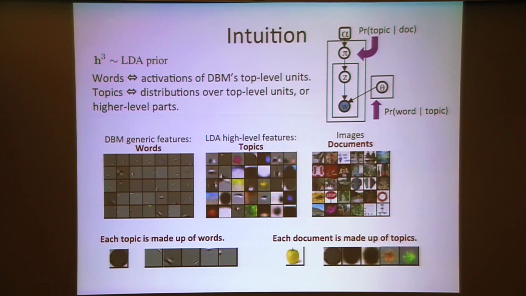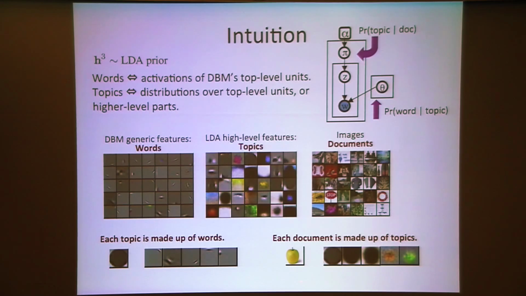Again, just to re-emphasize, the activities of the top-level units represent words in a document. Each image you can think of as a document, and you have that decomposition. Notice that each one of these high-level features or topics defines a distribution over these low-level features, and it finds an interesting type of high-level structure in images.